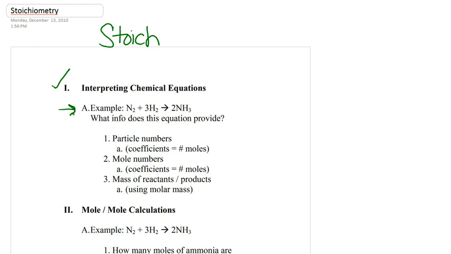So it's a recipe that tells me that when there's 1 mole of nitrogen gas reacting with 3 moles of hydrogen gas, it will produce 2 moles of ammonia. So it is really a recipe for what will happen. Just like you have recipes to bake cakes or to make cookies or lasagna, whatever it may be.